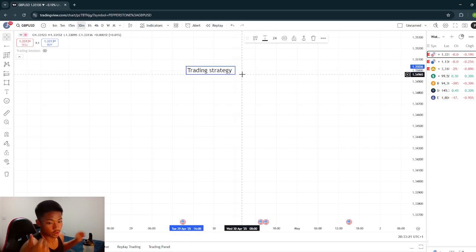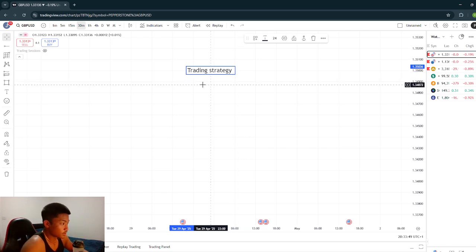It worked very well with GU, GBP, GBP JPY, gold, and I found very high success within the strategy. It is a smart money concept, as you have probably gathered. None of that trend line, supply and demand crap. But yeah, we'll be getting into it.